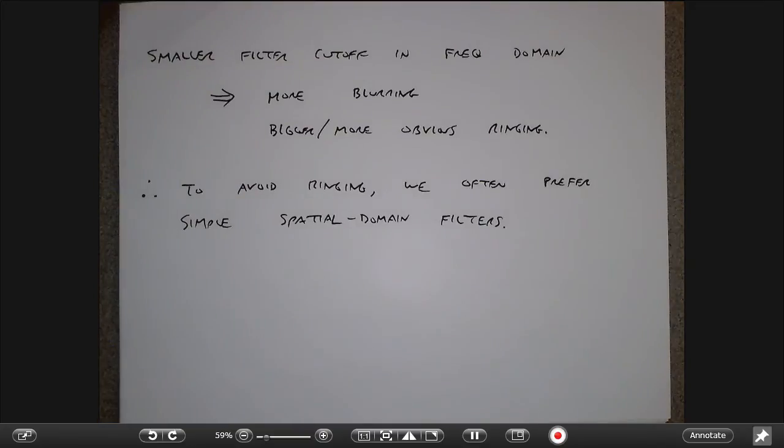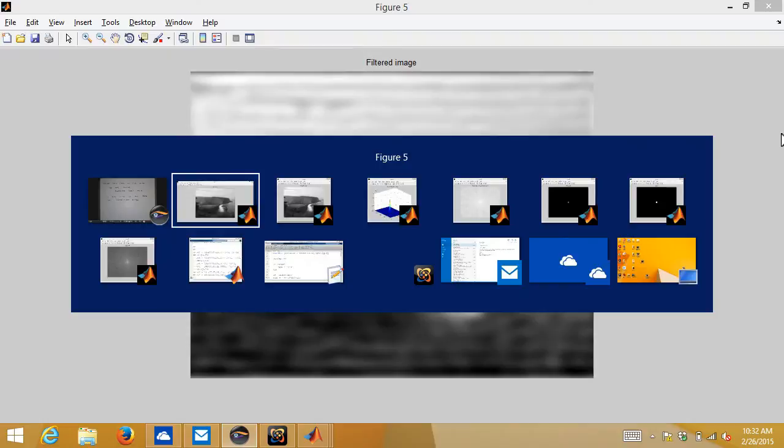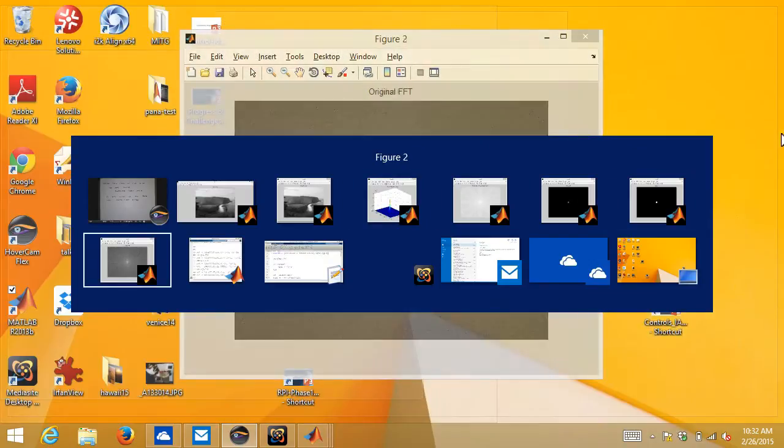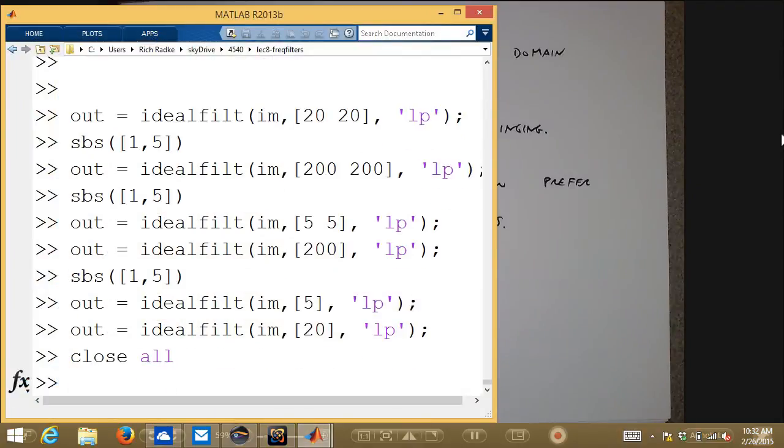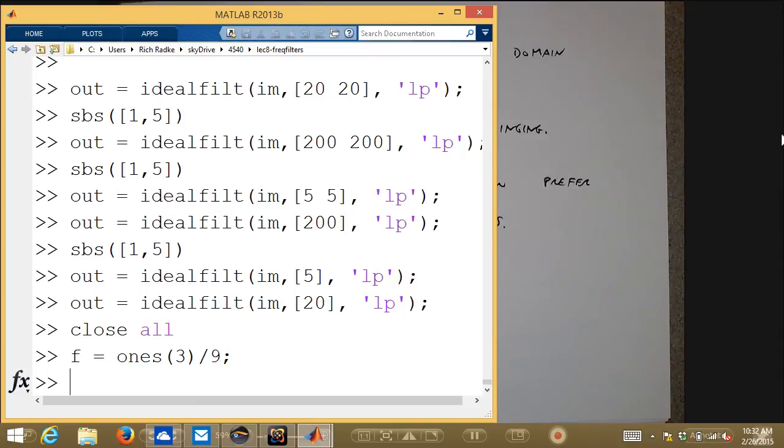So for example, let's go back to some of the filters we originally talked about, right? If I have my good old friend of ones, 3 comma, over 9, that was our original smoothing filter, and I think I wrote another handy function for this.